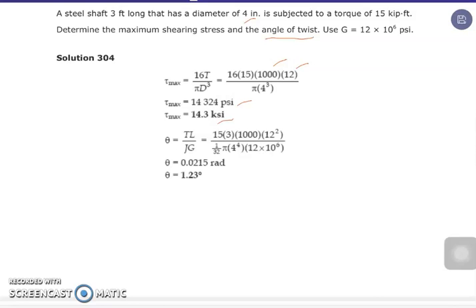We're given the formula pi d to the fourth all over 32. The diameter is 4 inches, and our G is 12 times 10 to the 6th psi. So once we simplify this, we have the value of 0.0215 rad, or simply 1.23 degrees.